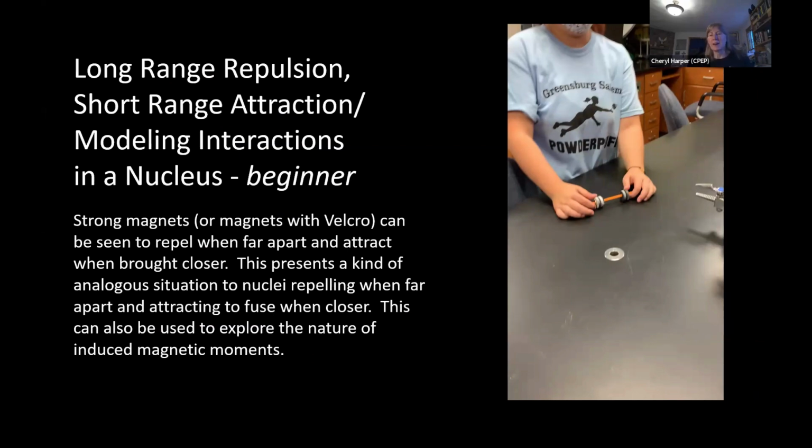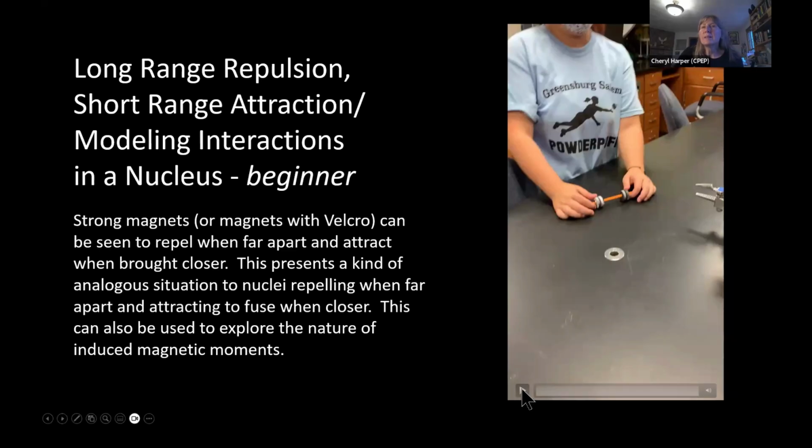And of course, in the actual fusion reactions, they're repelling because of the electromagnetic or electric repulsion, and they are coming together because of the strong nuclear force when they're close enough. But we can use the electromagnetic force to simulate that, and it's also a good way to talk about electromagnetic forces and magnets, if that is what you're covering in class.